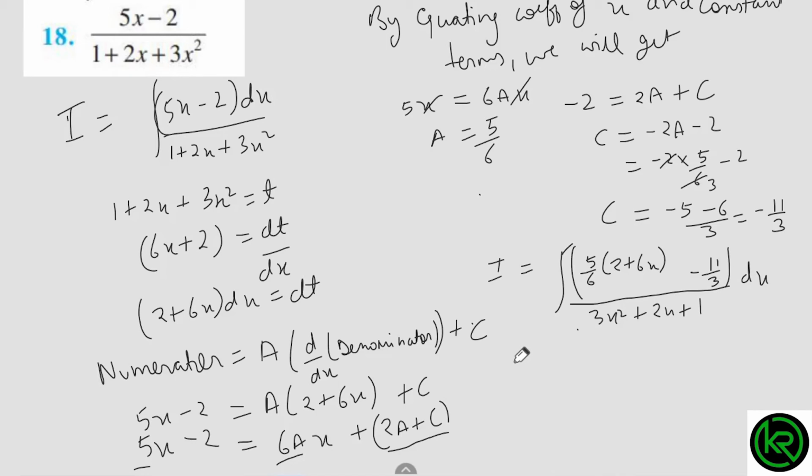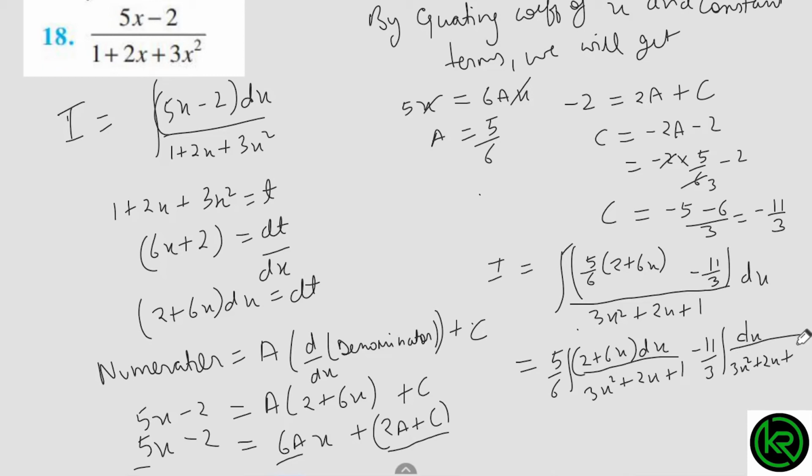Now students, we can distribute this 5 by 6 here with 2 plus 6x dx over 3x square plus 2x plus 1, and minus 11 by 3 with dx over 3x square plus 2x plus 1.